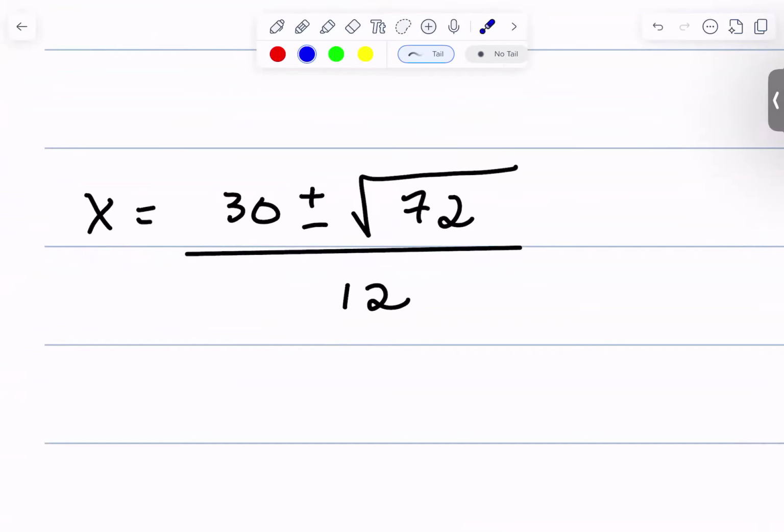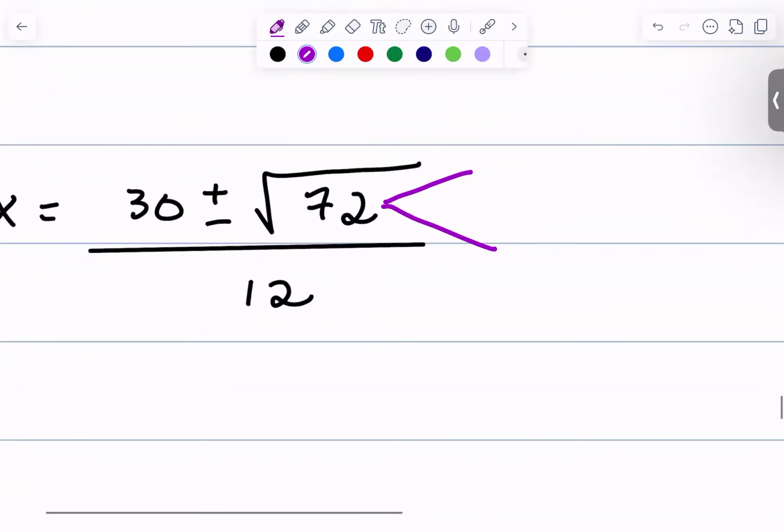Okay? So let's say for this example, we did the quadratic formula, right? We went through the steps. We got our A, B, and C. We put it into our quadratic formula, and this came out, right? How do I simplify this? Well, we do the same thing. 72. What does 72 break out to be?